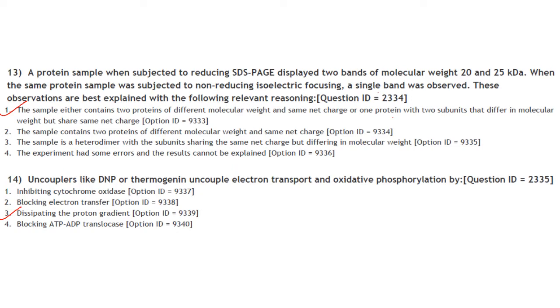That can be the answer, because we don't know whether the sample contains two proteins or it is a single protein with two different subunits. For knowing that, you have to carry out further experimental procedures.